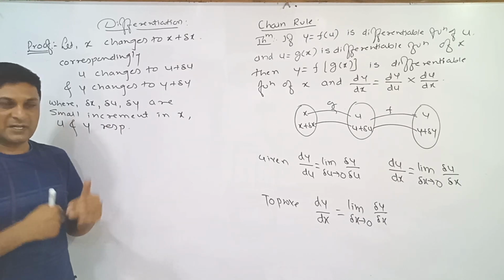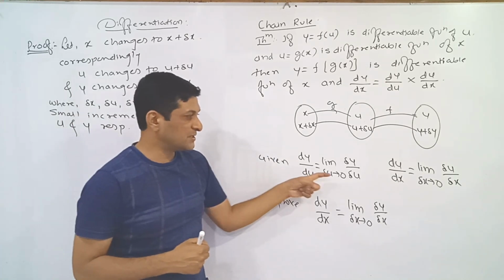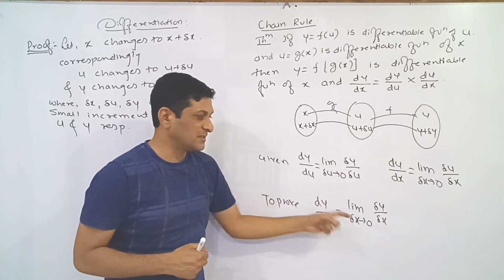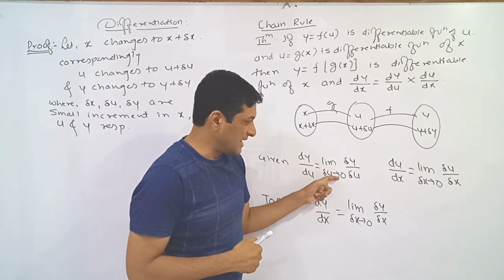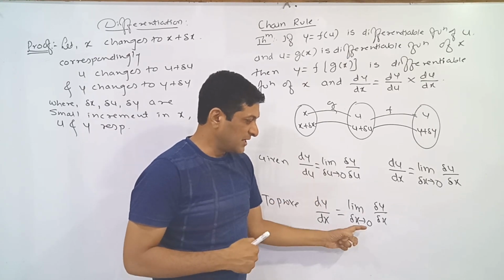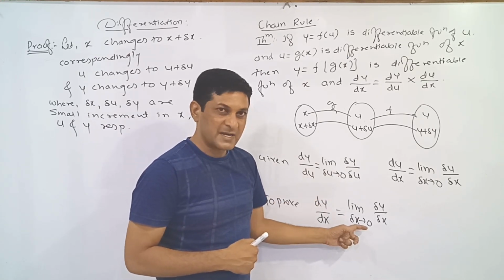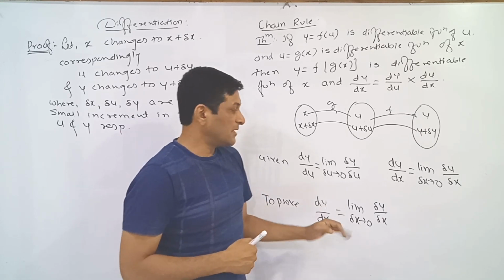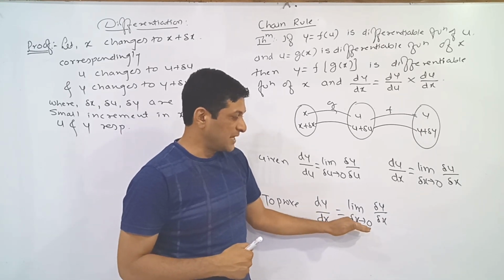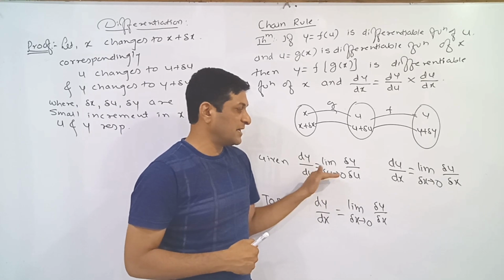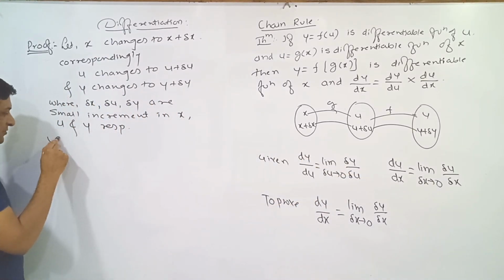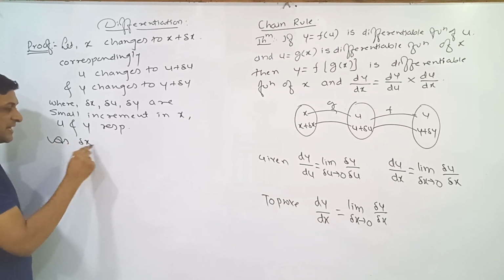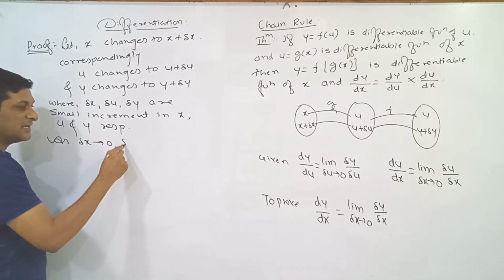Now we are using the given condition. What is the given condition? These are the given conditions, and this is the result which we have to prove. According to the given condition, delta u tends to 0 is there, but in our required result we require delta x tends to 0. Now we will try to show that as delta x tends to 0, delta u also tends to 0. So as delta x tends to 0, let us see what result we get.